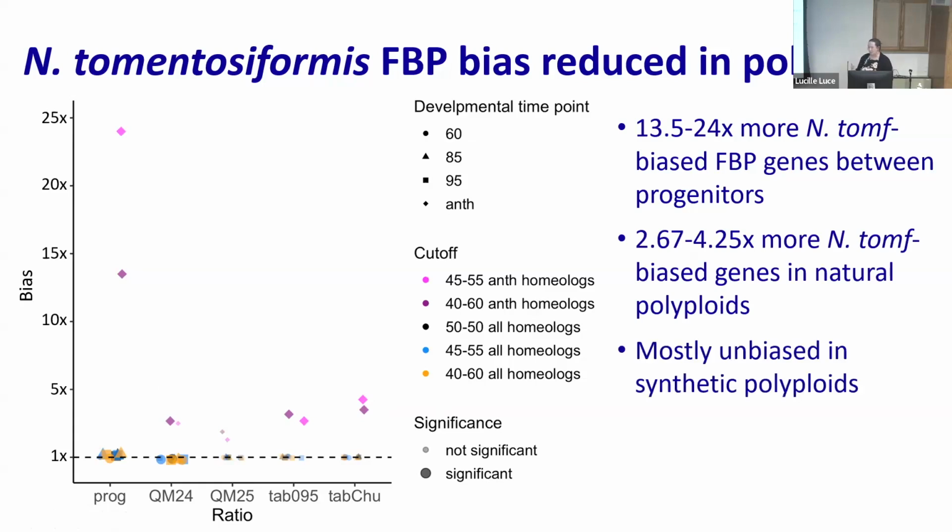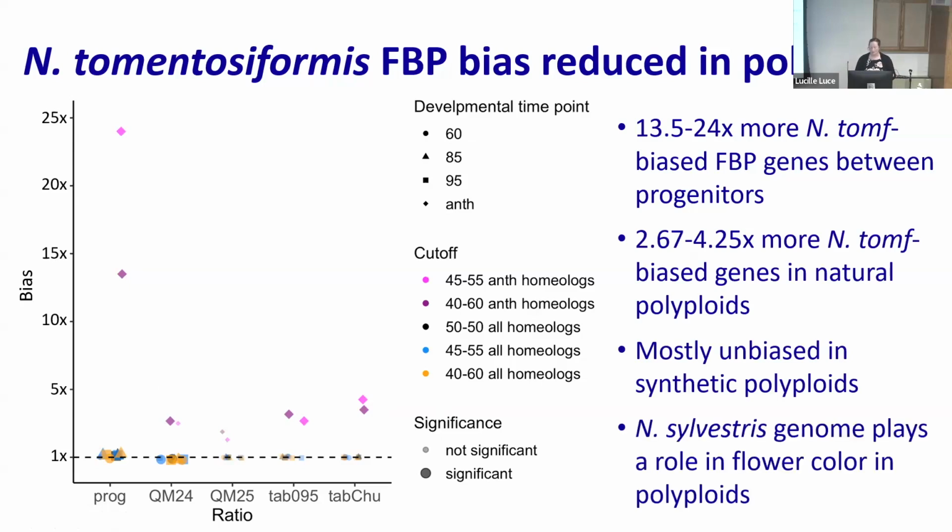Mostly our synthetic polyploids are unbiased, but we do see that the whole genome of sylvestrous is playing a role in determining the flower color of these polyploids since we have that reduction in the bias. So even though sylvestrous does not make pink colors, its genome is involved in making pink colors in polyploids. So both of these genomes are working together to create our differences that we see in polyploids.